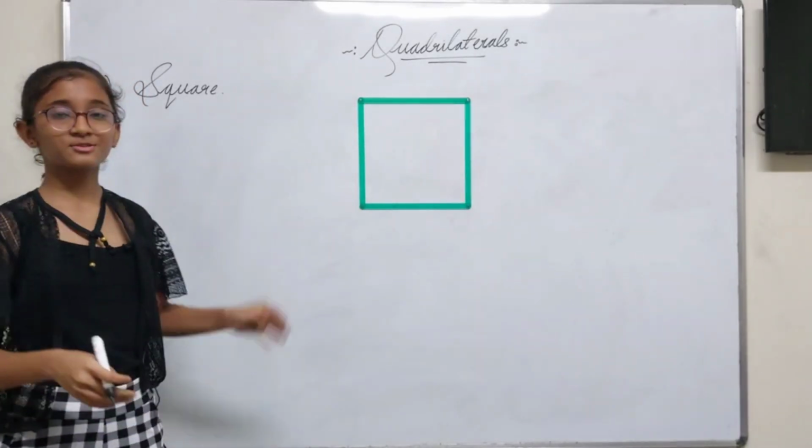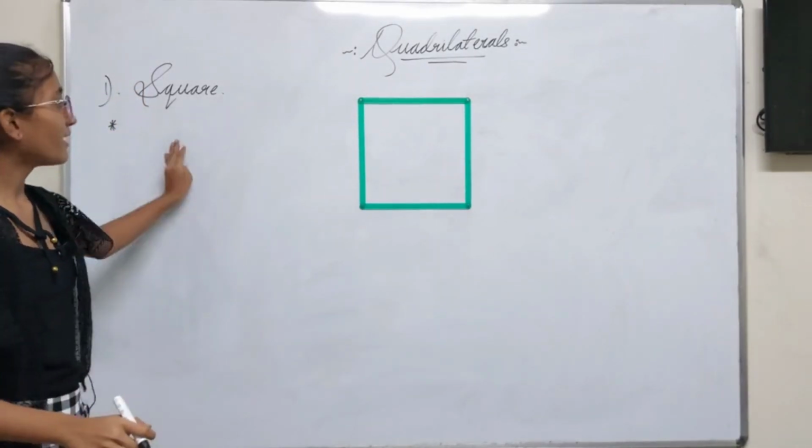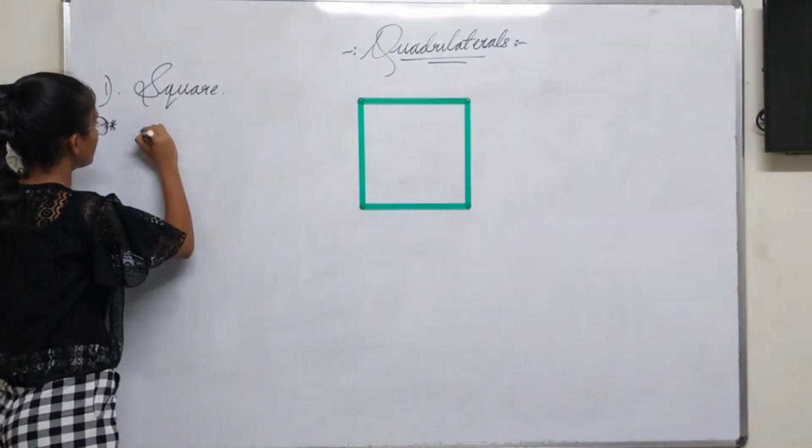First comes the square. A square is a simple quadrilateral. A square has all the sides equal.